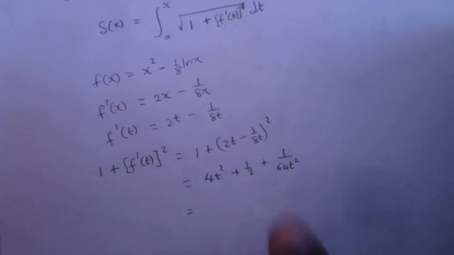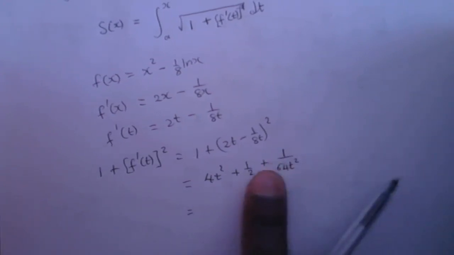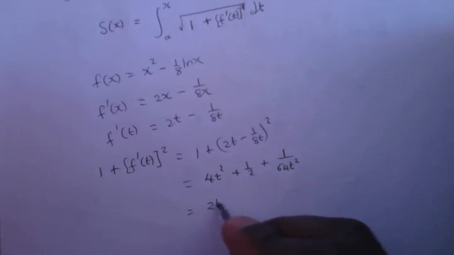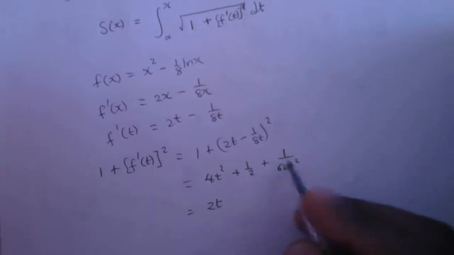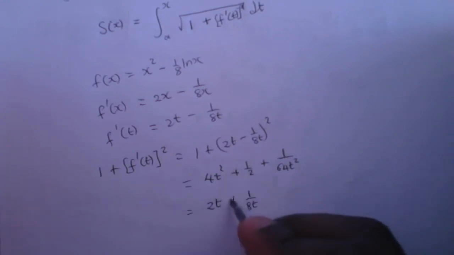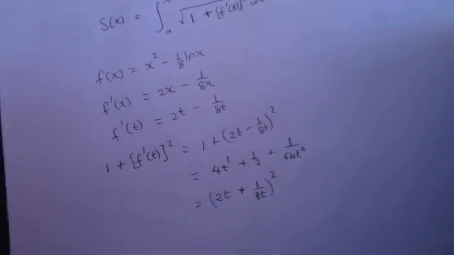Now, don't write this under the root because it becomes difficult to simplify. Write this as a perfect square. The trick is you take the square root of the first term, which is just 2t, the square root of the last term, which is just 1/(8t), and look at the sign of the middle term, it's a plus. That's how I'm going to write it as a perfect square.